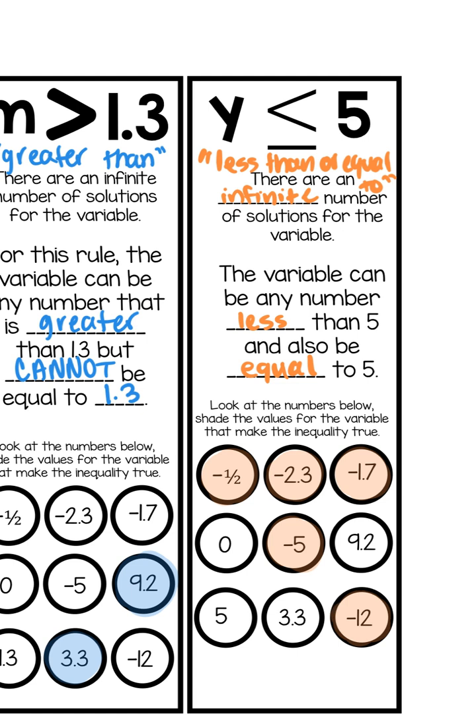Yes, that's a solution because it's less than 5. 9 2/10. That is not a solution because that is not less than 5. 5. That is a solution because y is less than or equal to 5. 3 3/10. That is less than 5, so that is a solution.